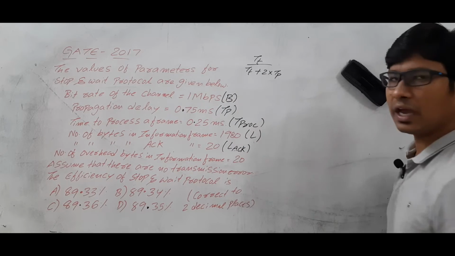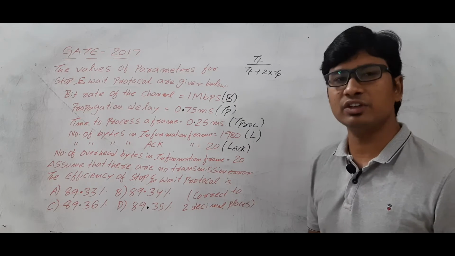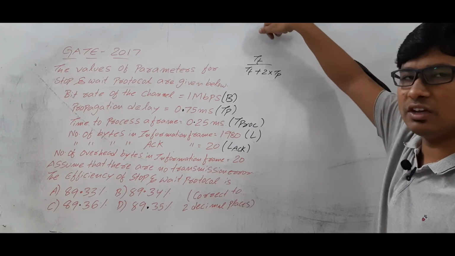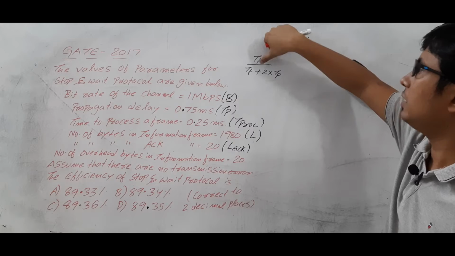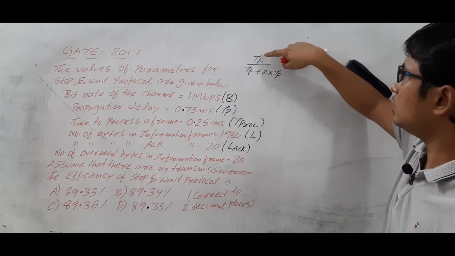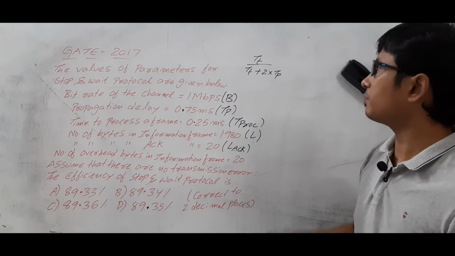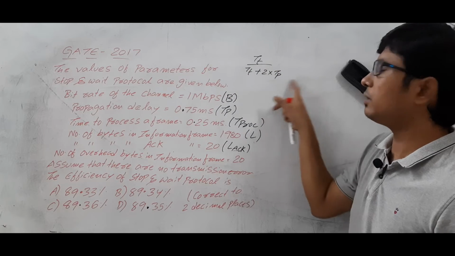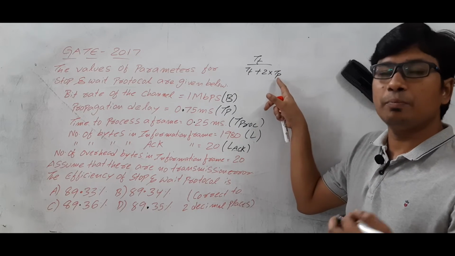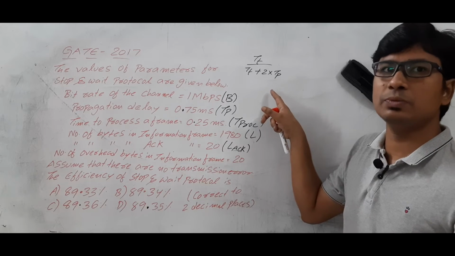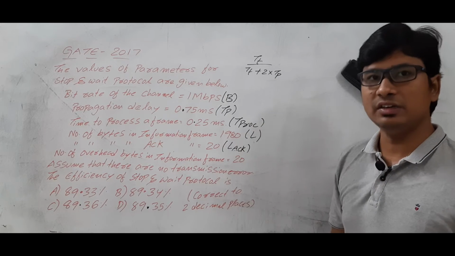Because we have to calculate the efficiency of the stop and wait protocol. What is the efficiency? The useful time by total time. This is the total time I considered when there is no transmission delay for acknowledgement and processing delay for the acknowledgement.